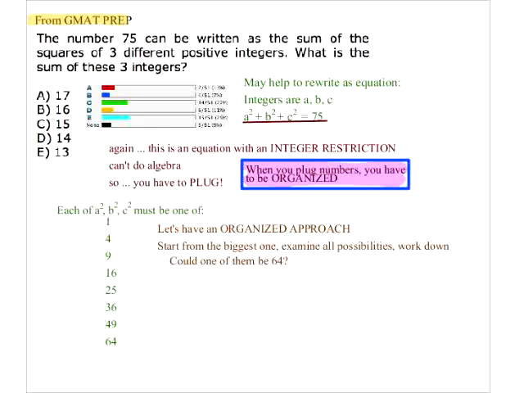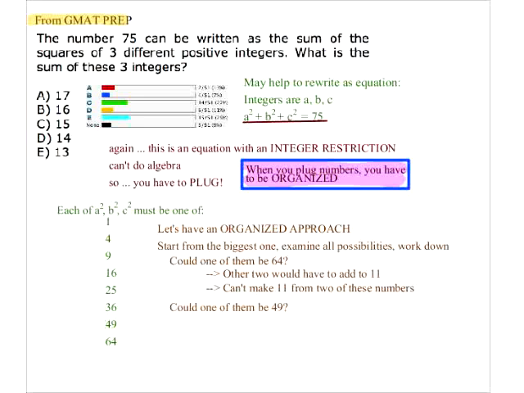Well, if one of them is 64, the other two would have to add up to 11. If you look at these you can get 1 and 9, but that's 10, it's not 11. You can't make 11 from two of these numbers. So 64 doesn't work. So then you can go down, could one of them be 49?